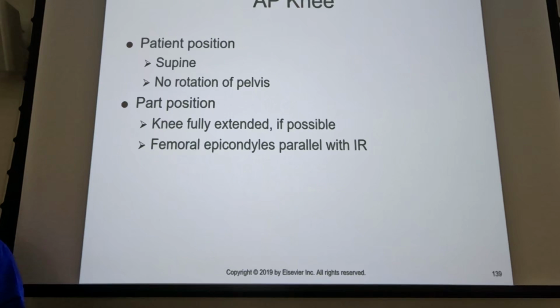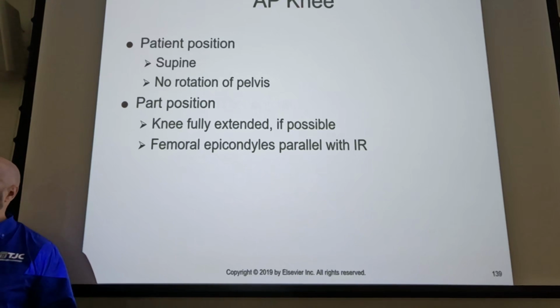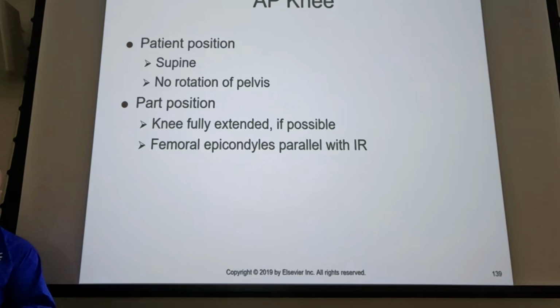In a lot of patients that's okay, but a lot of patients have patellar tracking issues, so the patella might not be directly over the center of the femur. So it's better to put your hands on the femoral condyles and try to get them parallel to the image receptor.